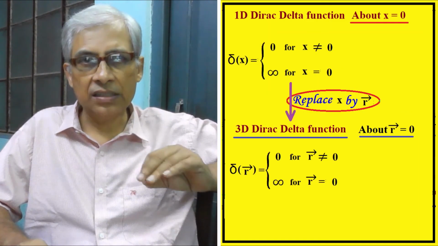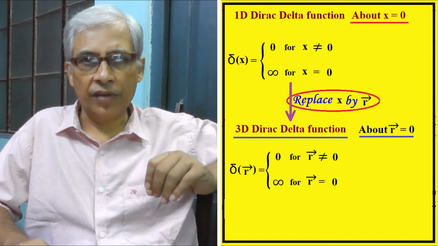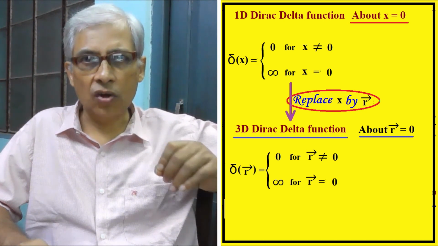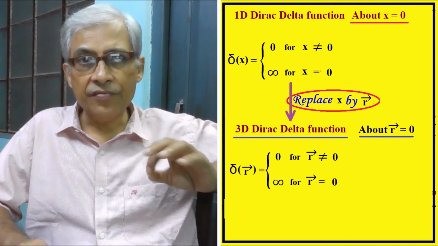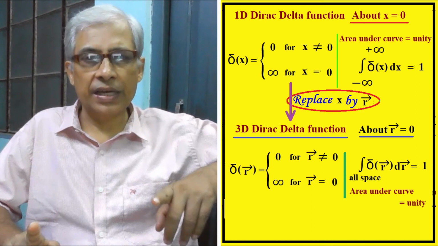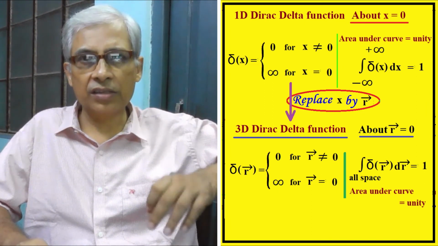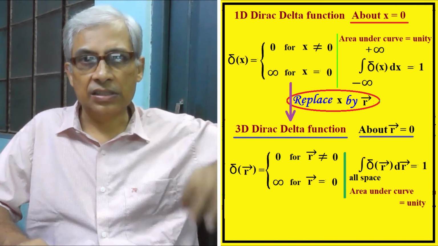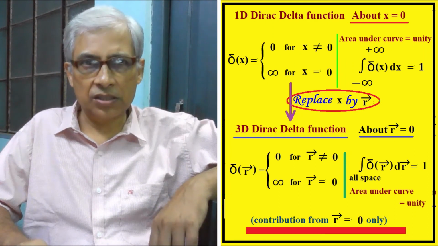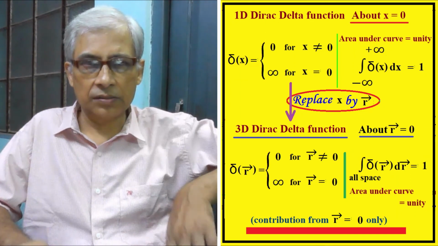So what we get is the 3-dimensional Dirac delta function, delta of vector r, whose value is 0 for vector r not equal to 0 and infinity for vector r equal to 0, in such a way that the area under the curve, that is integration over delta of vector r d of vector r, is unity. Integration being over all space, since we are considering the 3-dimensional space.